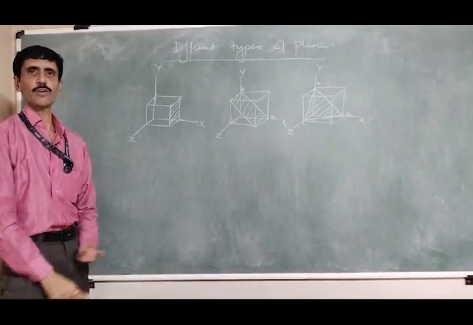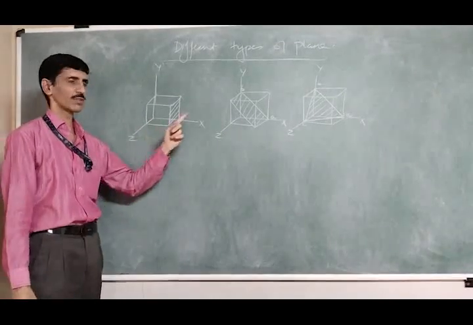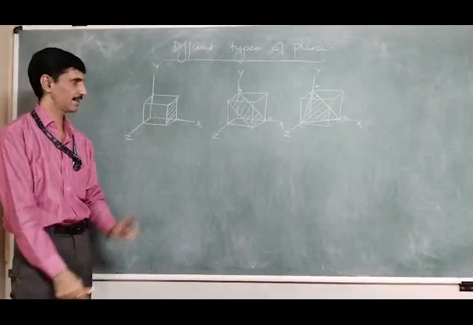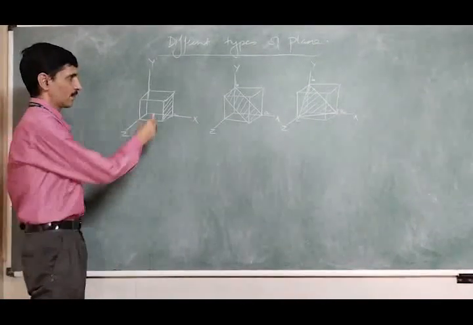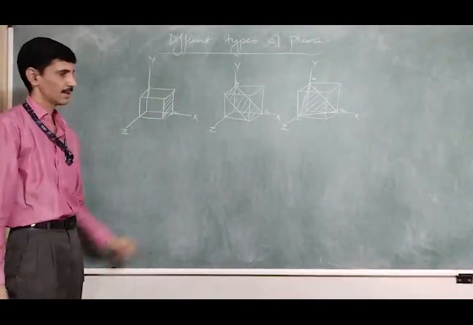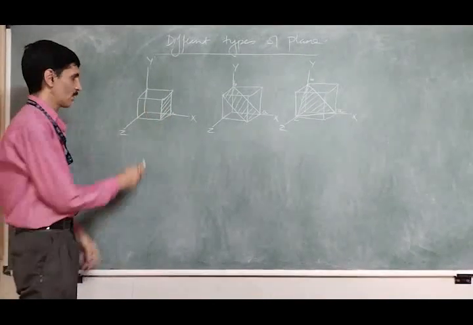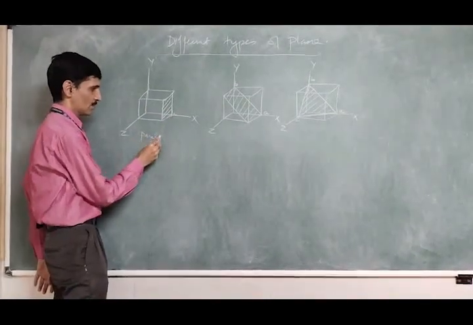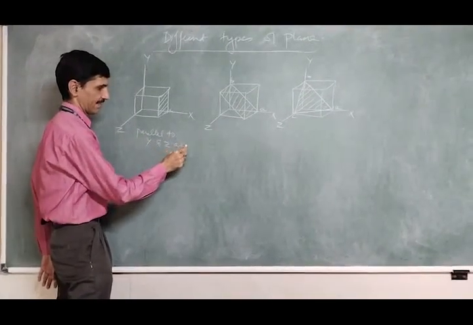Yes, my dear friends, we now go into the next part, that is different types of planes. So here I have shown the diagrams, so you understand very well. The 3 axes, x, y, and z. We start with the first one. You see the shaded portion of this one. It has an intercept only on the x-axis. It is parallel to the y and the z-axis.